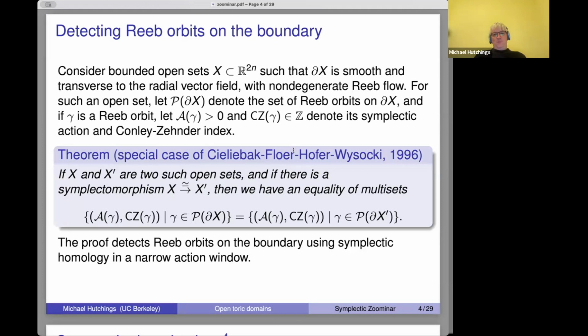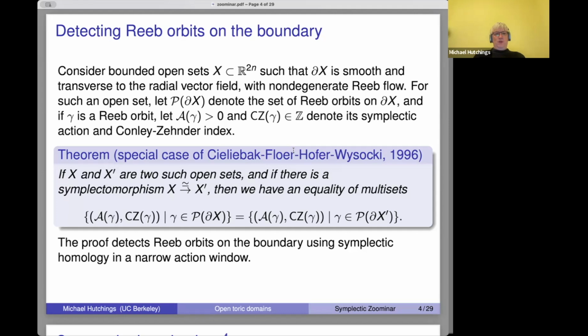And let's further assume that this Reeb vector field is non-degenerate, that is, all of its periodic orbits are non-degenerate. That will hold at least for a generic hypersurface. Let P of the boundary of X denote the set of all of these periodic orbits, or Reeb orbits.